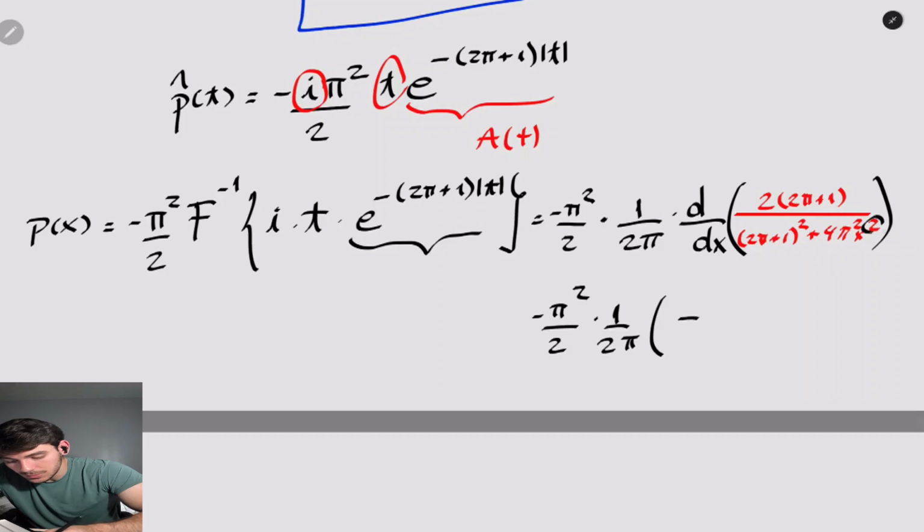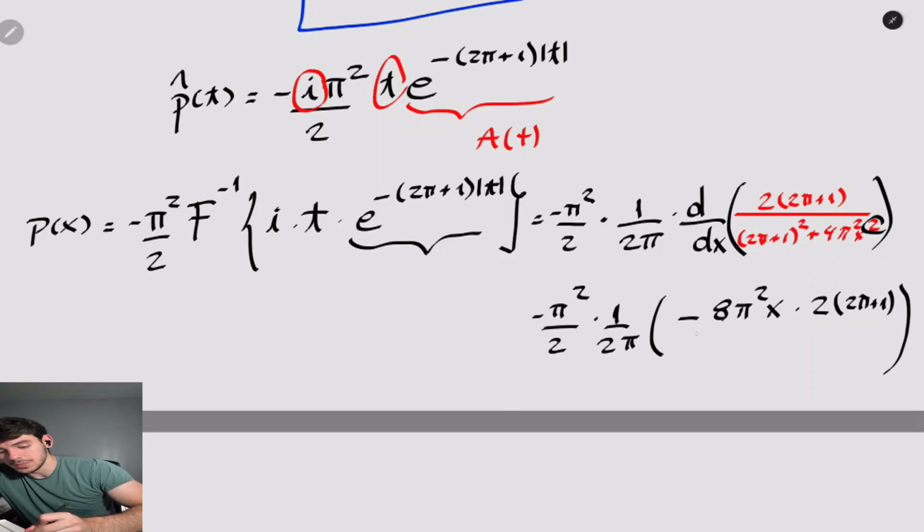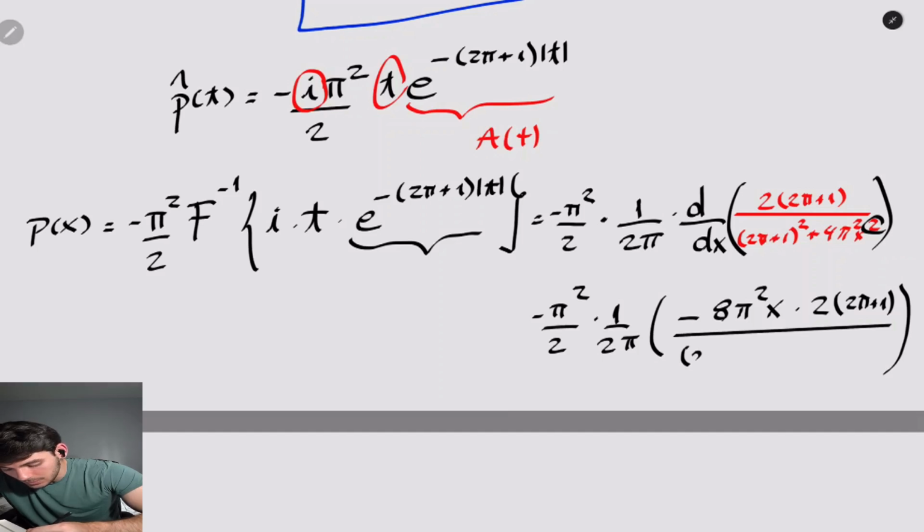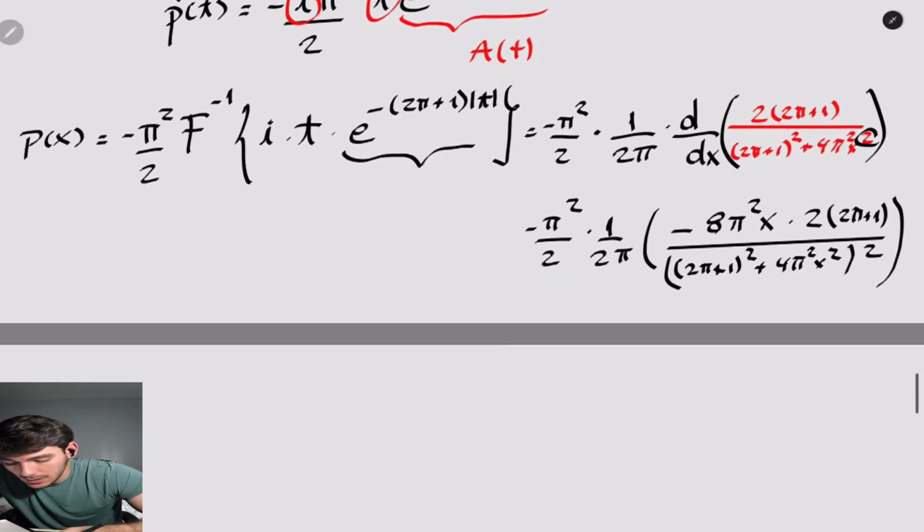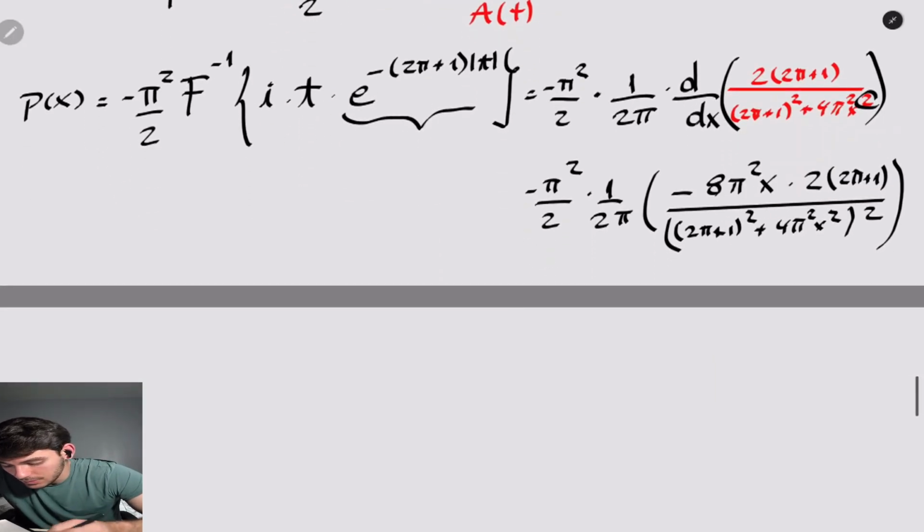So these two fall, we'll have 8 pi squared x times what's up, so 2 times 2 pi plus 1, times what's above. And then we're going to divide this by whatever is the function on the denominator squared. So 2 pi plus 1 squared plus 4 pi squared x squared, all that squared. So that's basically the final answer, but let's clear it out a little bit.